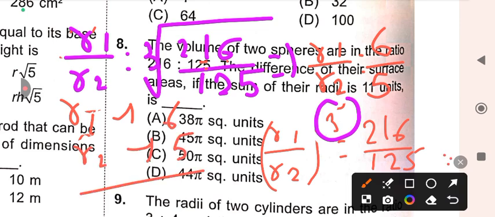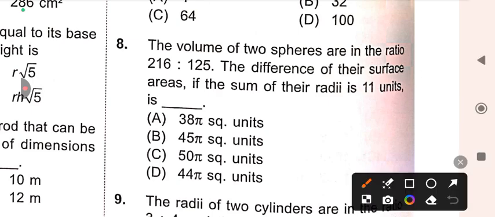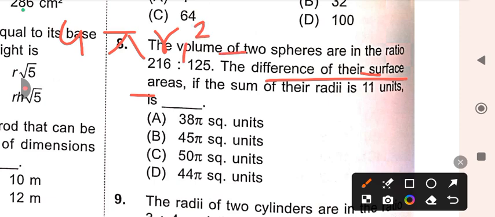We have to find the difference of the surface areas. Surface area is 4 pi r square. So 4 pi r1 square minus 4 pi r2 square is what we have to find.